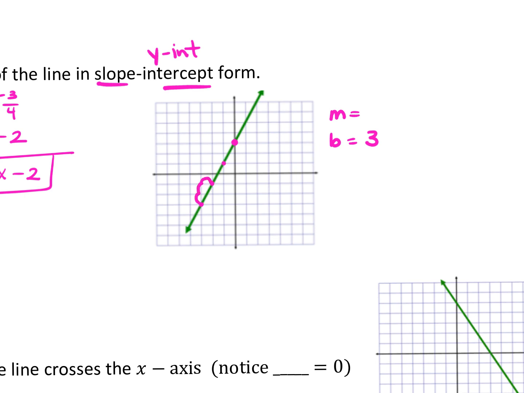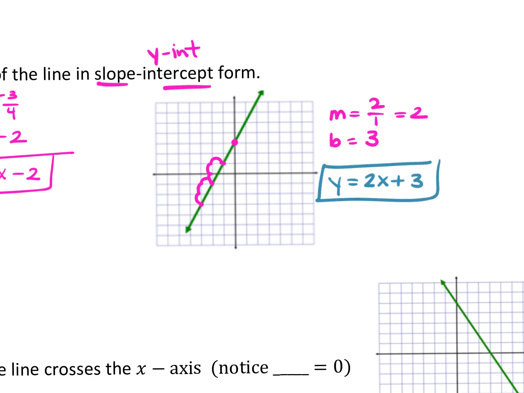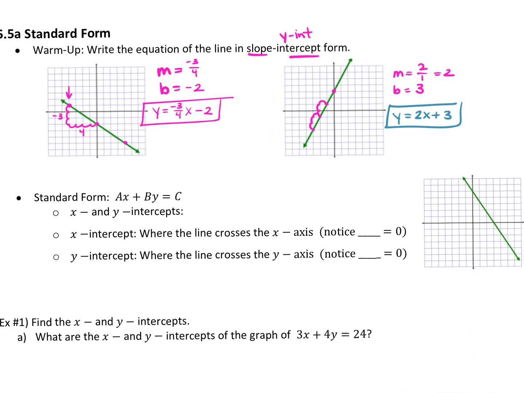Up 2 over 1, or you can just call that 2, right? So how do you put that into slope-intercept? y equals 2x plus 3. Okay, so that's just review, making sure we're good on slope-intercept form.